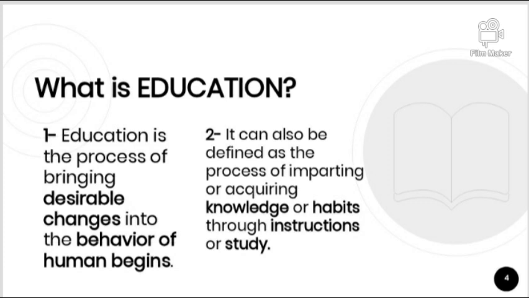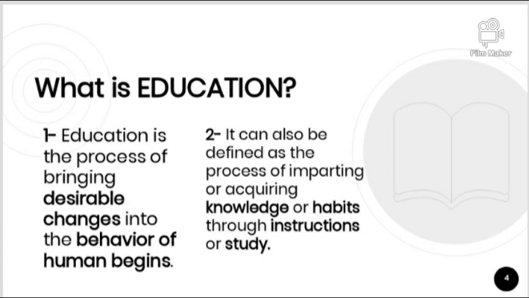Let's start with what is education. Here we have two definitions. Number one, education is the process of bringing desirable changes into the behavior of human beings. So the change of behavior or attitude.